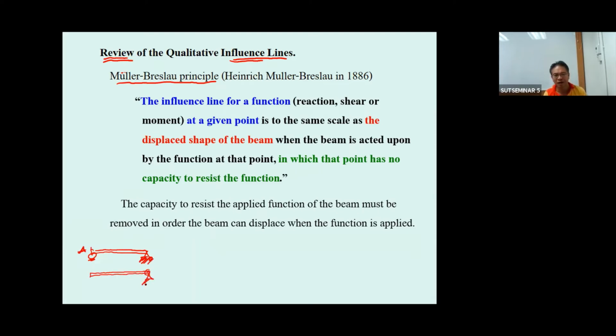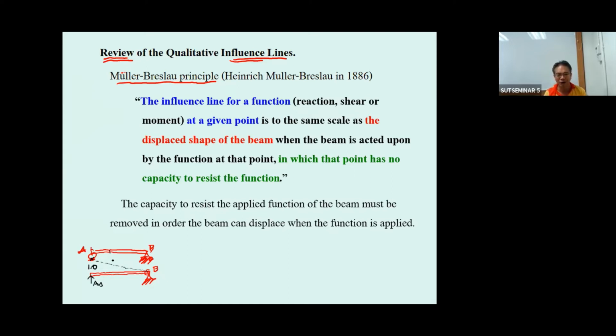This is a pin, so release A, take the resistance out. The B release stays the same, since this is a roller. So you just put the A sub Y, let it move by 1.0 unit. That is going to be the influence line of A sub Y.